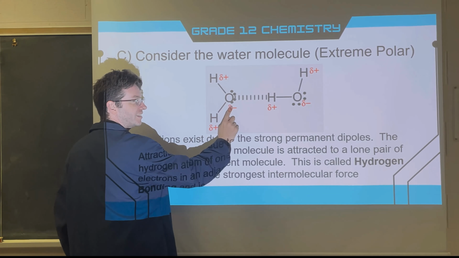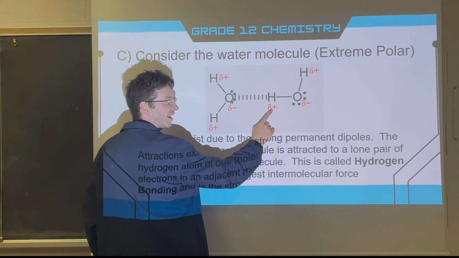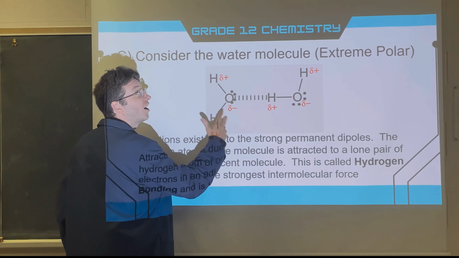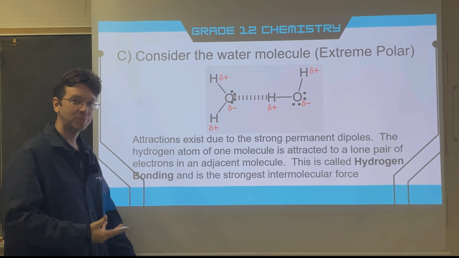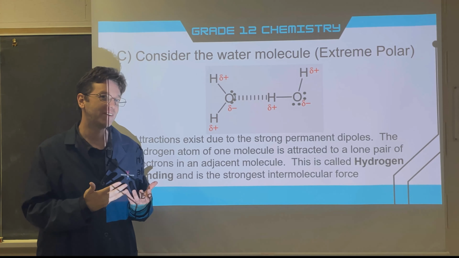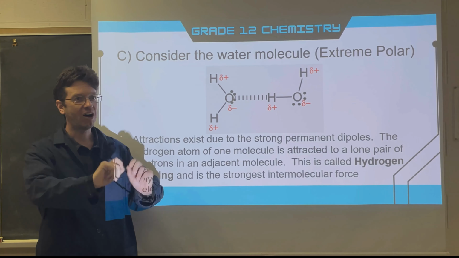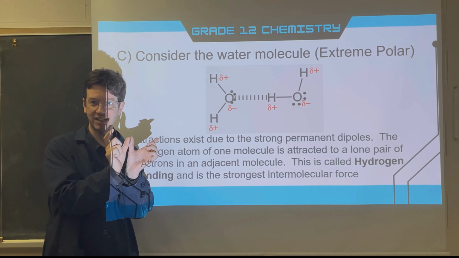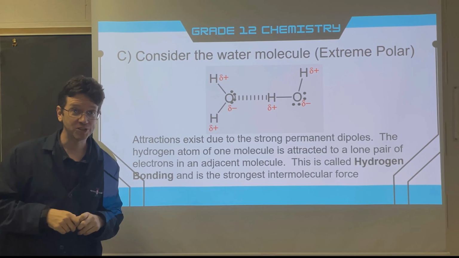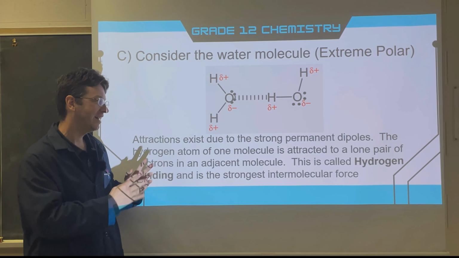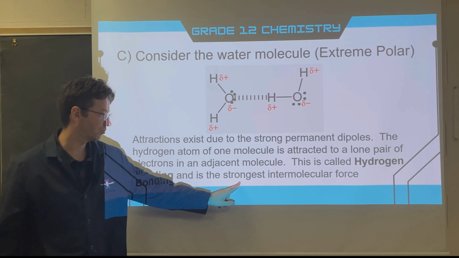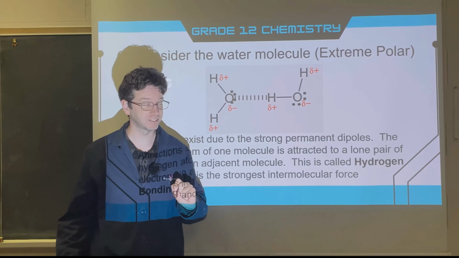One end is negative and it's attracted to the positive end of our other water molecule. So this here is a hydrogen bond. Again, they're all basically the very same type where opposite ends of a dipole attract, but you have London dispersions, which are extremely weak, dipole-dipole, a lot stronger, and hydrogen bonding would be your strongest intermolecular force.